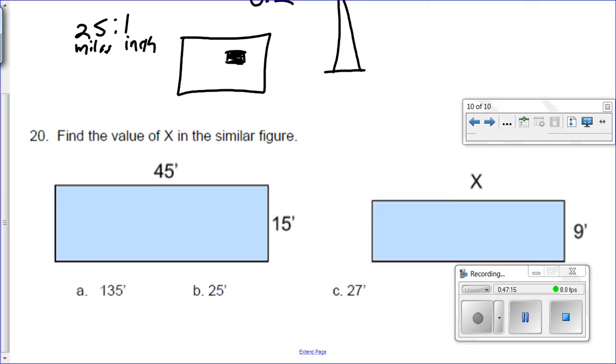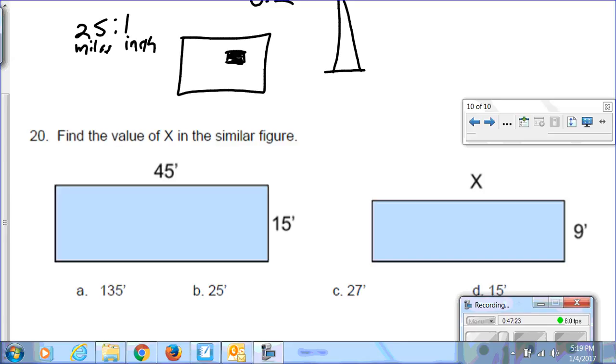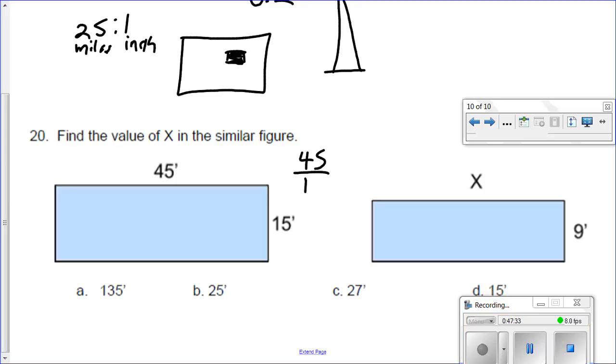Okay, so find the value of x in the similar figure. Well, what do we know about similar figures? We know that their sides are proportional, right? So if we know things are proportional, then that allows us to make fractions that we know are equal, as long as we put the long side on top, or vice versa, but we have to be consistent. So I put the long side on top here, so I'm going to put the long side on top here, and then put 9.